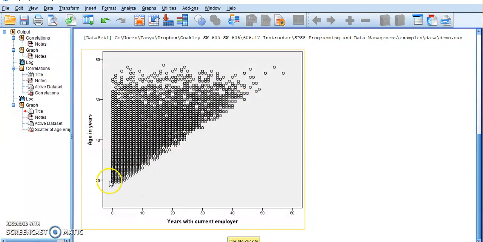If it was a stronger relationship, and we have the regression line right through here, most of these dots would follow that line. You would see something a little bit tighter in terms of the formation of dots. Remember, each one of these dots is a person who completed the questions.